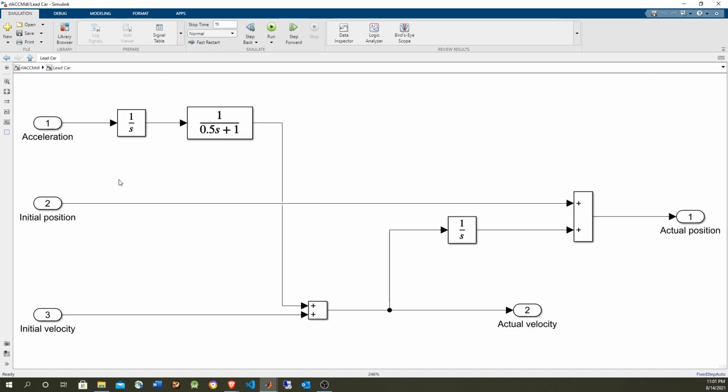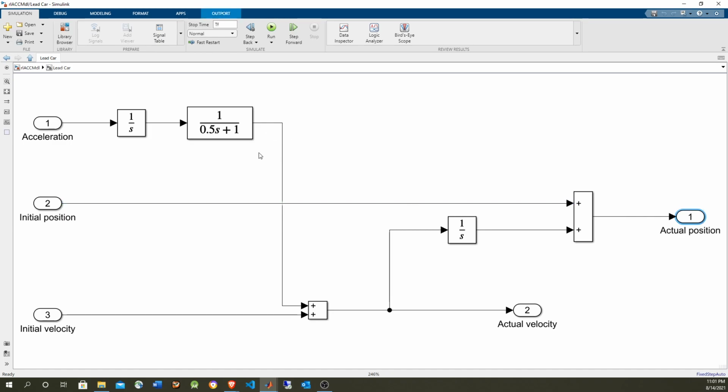Inside of it, we can see the acceleration is just integrated to get the velocity, and then we add the initial velocity. Once we have the velocity, we integrate it again to get the position, and we add it to the initial position and go on.